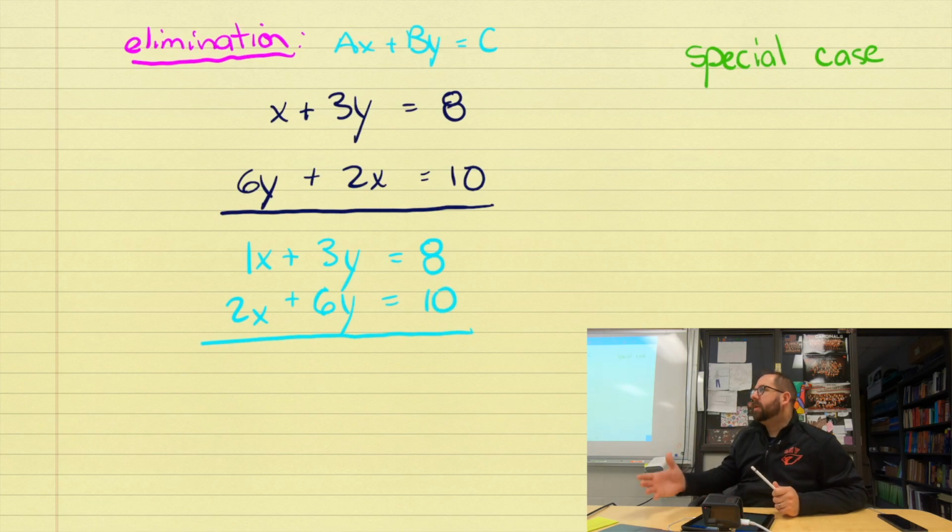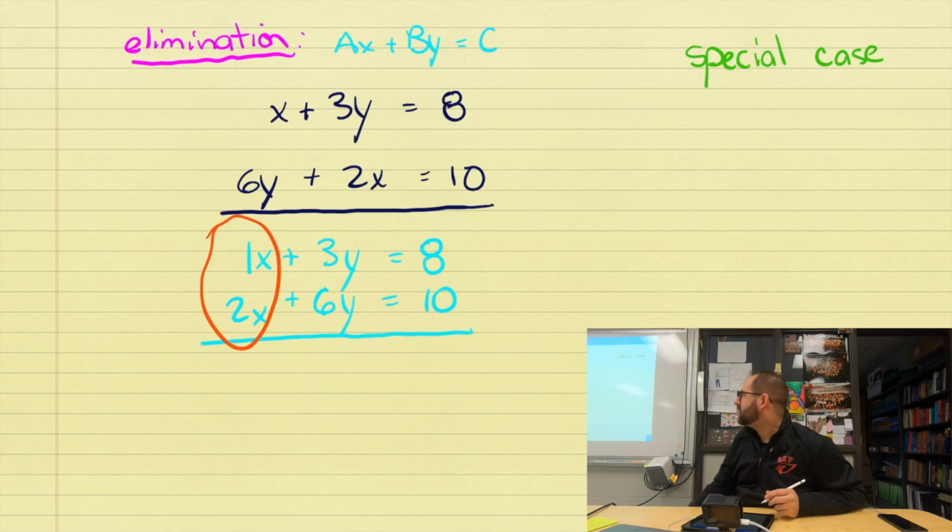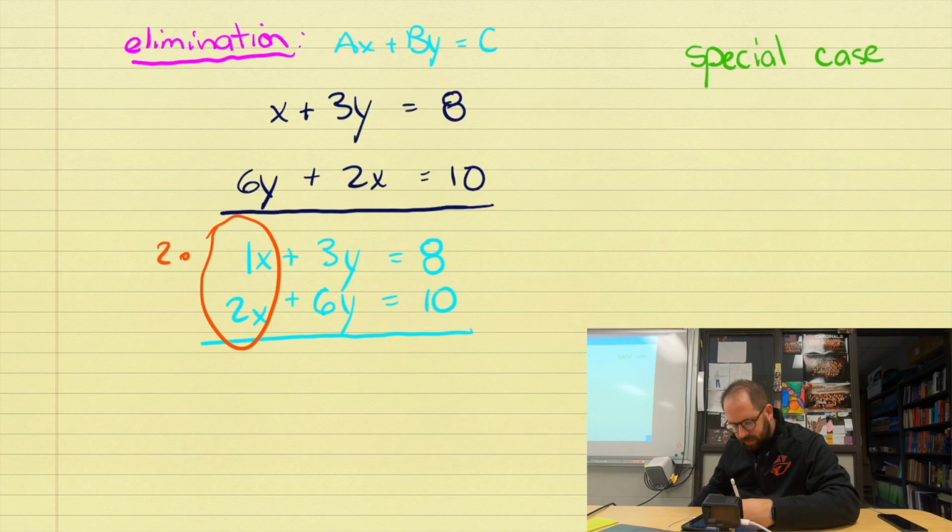Okay, now on the elimination method, you have to pick one of your letters. What letter should we pick? You're going to pick x's? Okay, let's do that. It didn't matter. So we want to make these the same digit. So what do we want to make our x's? Twos, fours, sixes, eights, anything? We'll make them twos. I'll multiply the top row by 2. So I get 2x plus 6y is equal to 16, right?